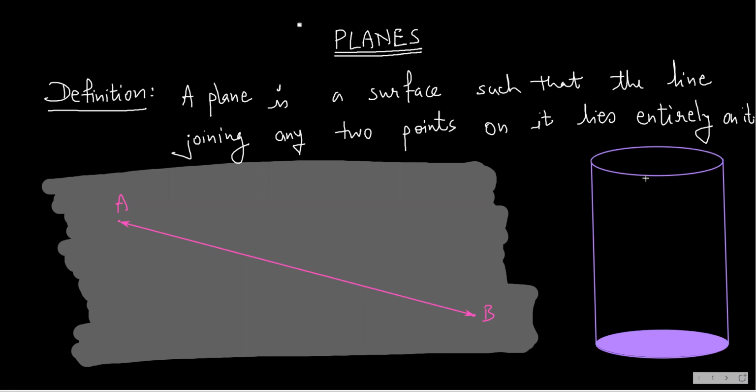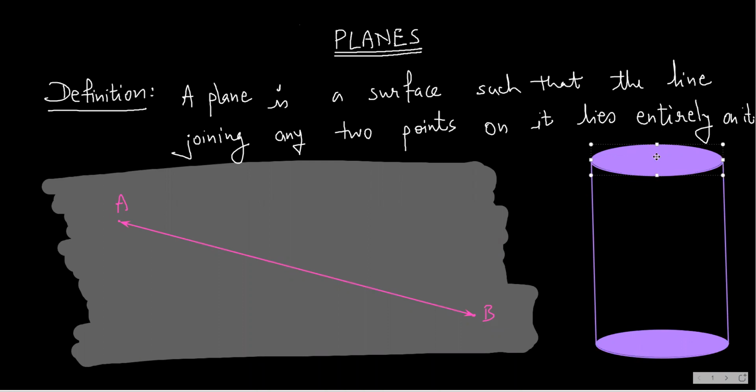If this is a solid cylinder, then the upper circle is again a flat surface. If this is a solid cylinder, then it is not a hollow cylinder.